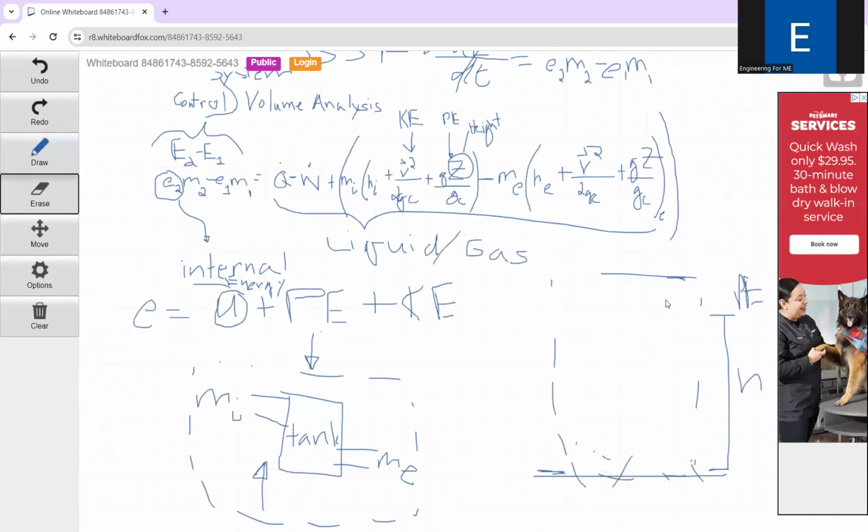So I'm going to erase this and explain more of what M2 and M1 are for this problem.